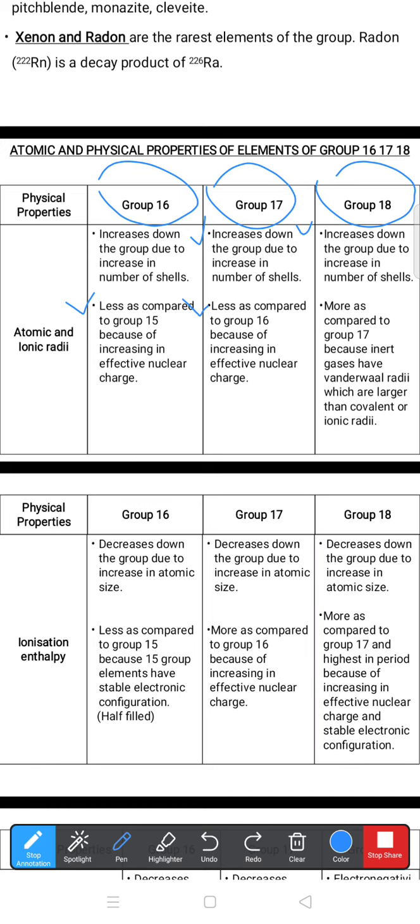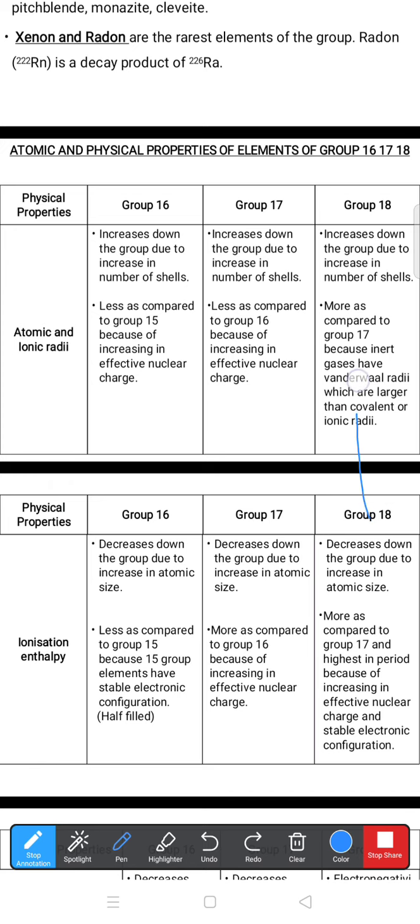While in case of group 18, it is more as compared to group 17, because noble gases have van der Waals radii, which are larger than the covalent radii or ionic radii. You know very well covalent radii is between the two atoms, and the ionic radii we have already discussed.